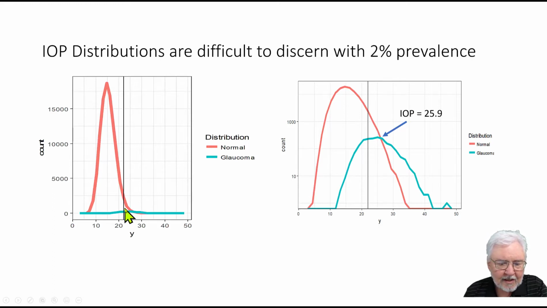You have this space in here which says if you have a person whose IOP is at 23, well, there's a better chance they're going to be normal than they are to have glaucoma. And you can also see that there are a lot of people, all these people in here, who are less than 22, the proportion of the glaucoma patients who are less than 22.